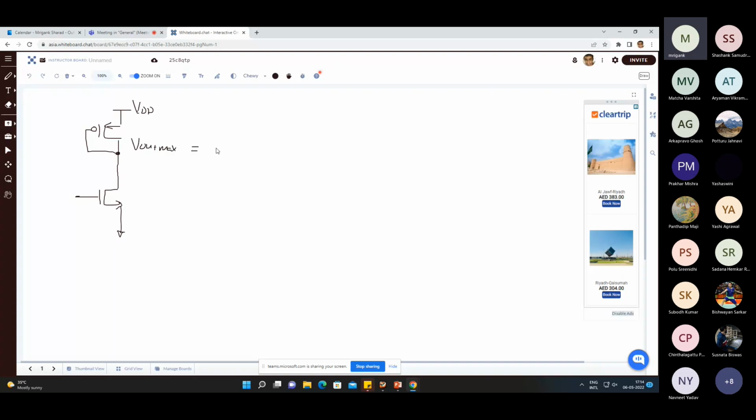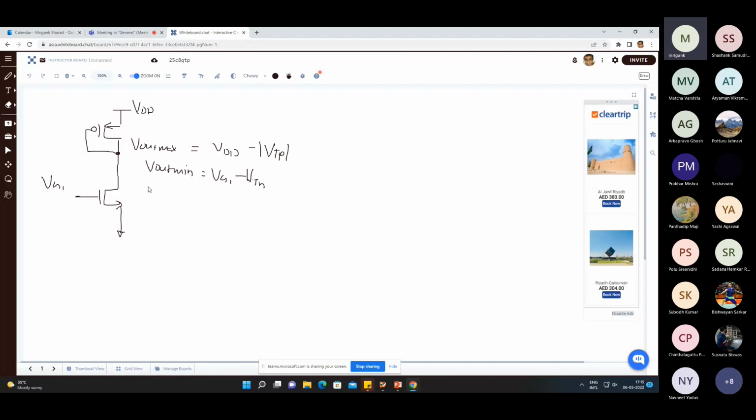It is VDD minus mod VTP, and Vout min is VG1, whatever is the gate bias of M1, minus VTN. So this is what we discussed. I hope everybody agrees with this.